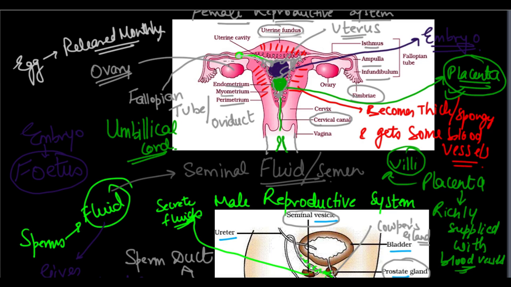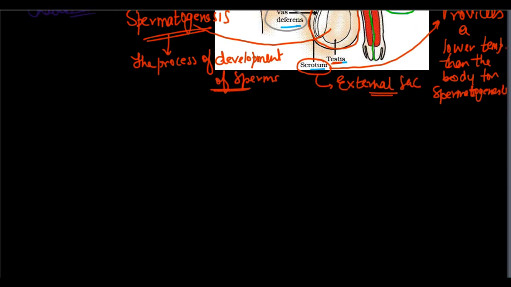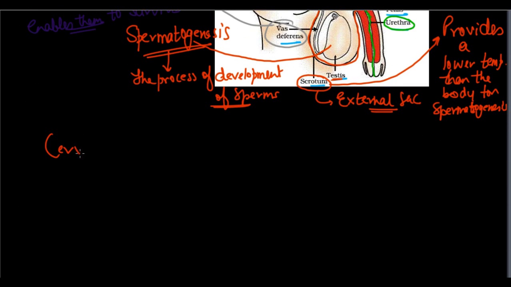All this process goes on for a period of about 9 months, and after that the baby becomes ready and is finally developed. So at that time, the walls and the muscles of the cervix and the vagina rhythmically contract.